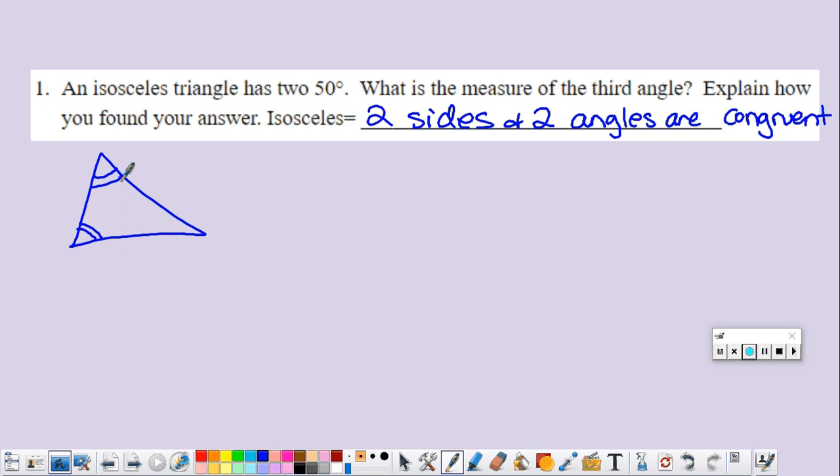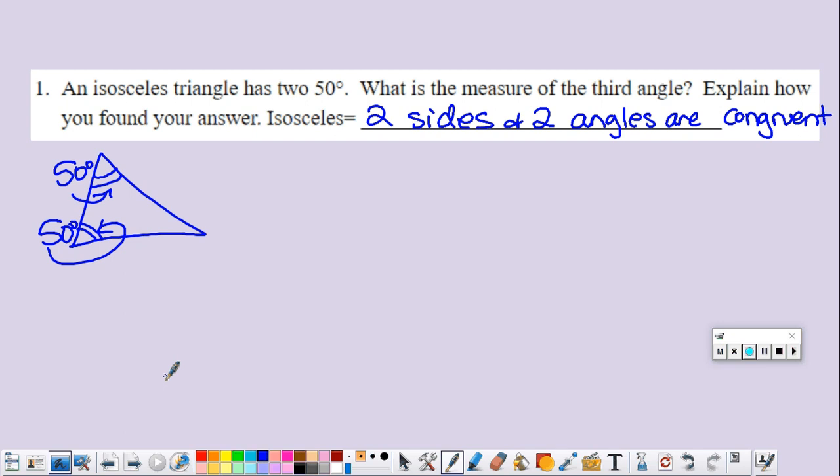What do we know about the measurement of those two angles? And they measure to be how much? 50 degrees each. So this is 50 degrees and that one's 50 degrees. Inside, they are interior angles. I'm going to draw a little arrow so that we're not confused. Alright, so those two interior angles are 50 degrees each.